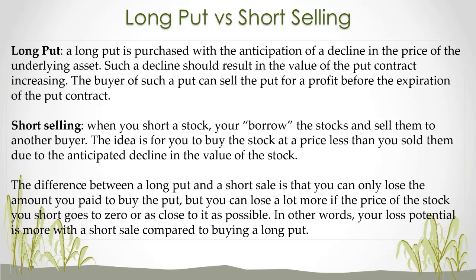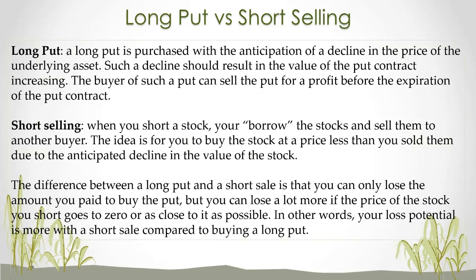All right, so there are two strategies you can deploy when you anticipate the price of the underlying asset to go down. The first one is to buy a long put. And in this instance, you buy the long put, you don't intend to hold it forever. You anticipate that as the price of the underlying asset decreases, the value of the long put increases.